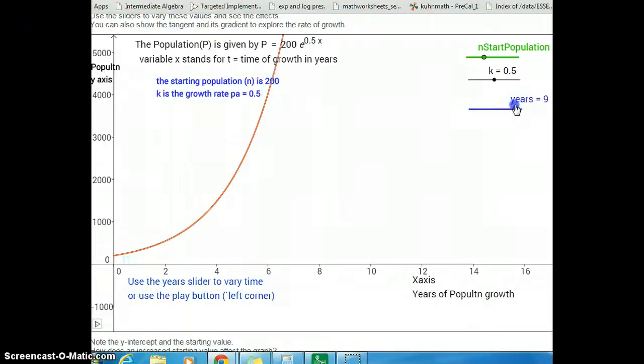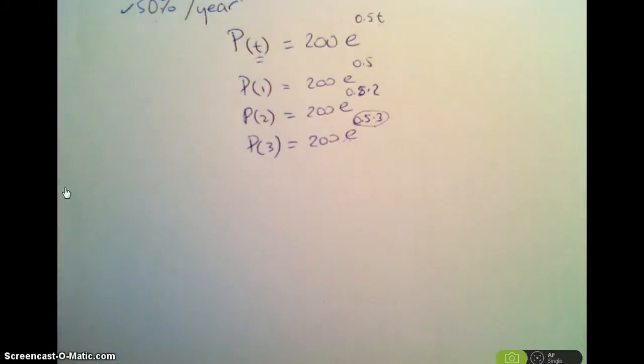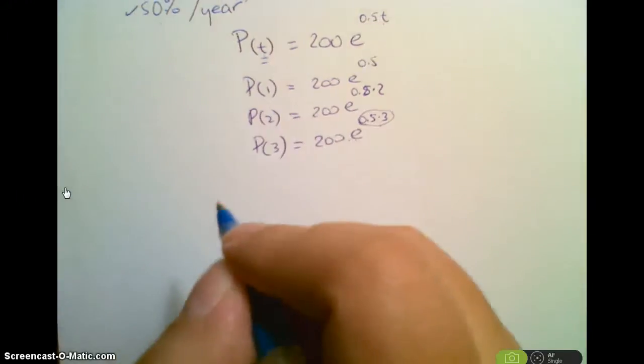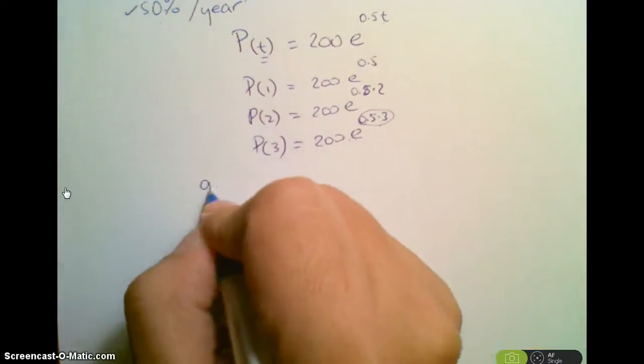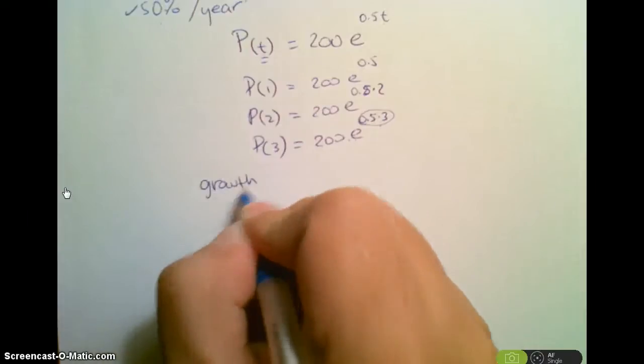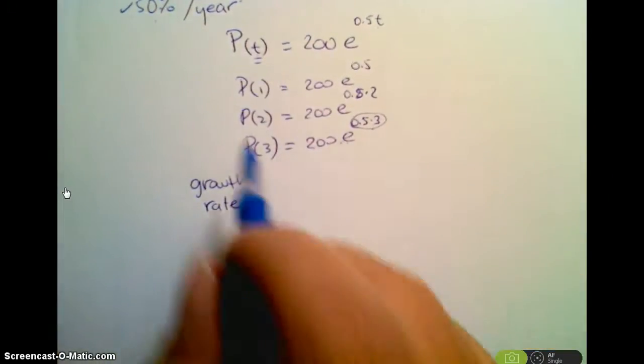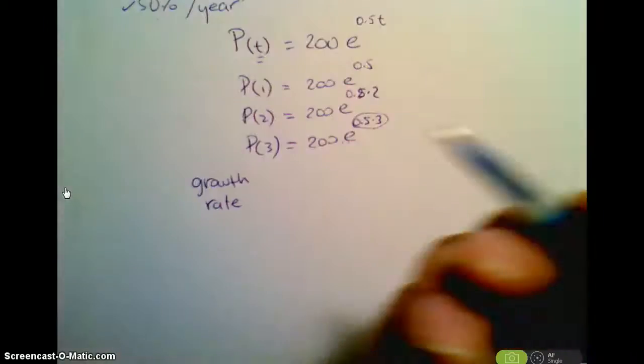So the rate of change between any 2 consecutive years is going to grow fast. Unless we're talking about average growth, or average rate of change, whenever I say or whenever you read growth rate, you're going to think about how the population changes instantly.